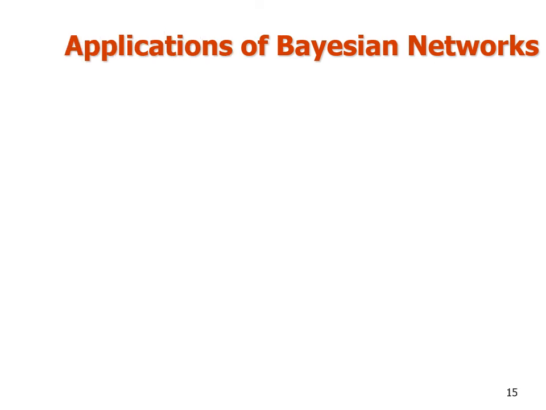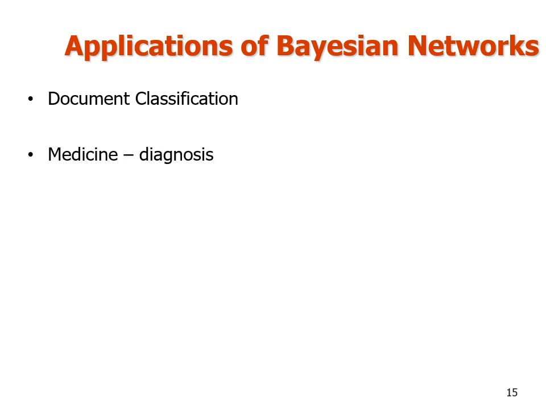Now, let us quickly go through a few of the applications of Bayesian networks. Only a few of the applications are listed here: document classification, and medicine, especially. For diagnosis purposes, Bayesian networks are popularly used.